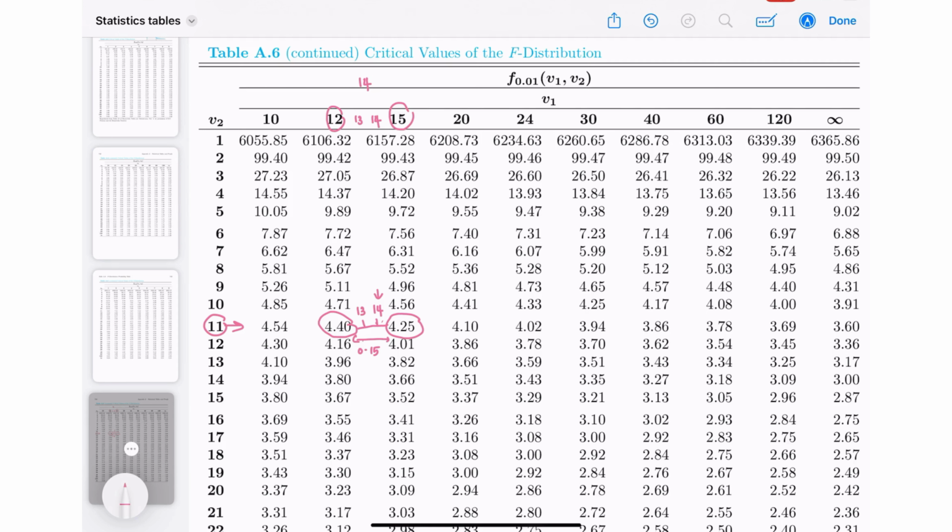The distance from 12 to 13, 13 to 14 and 14 to 15 is 0.05.